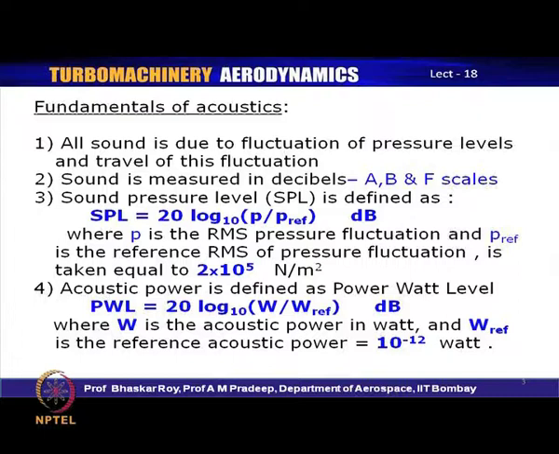So, there is a reference that has been universally accepted at the moment, and with respect to that reference, what is the pressure that is operating at a particular instant for creation of sound.